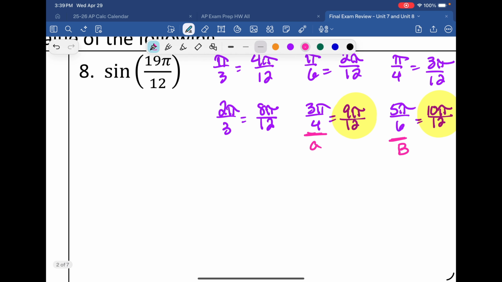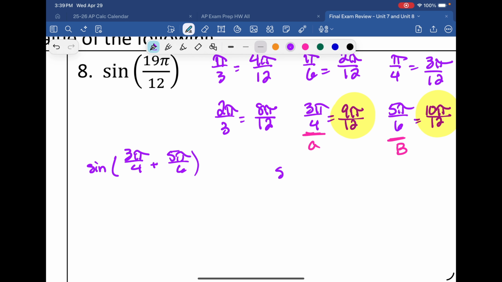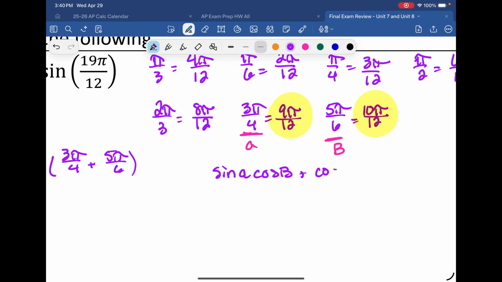So, sum formula. We're changing this to 19 pi over 12 as 3 pi over 4 plus 5 pi over 6. Then your sum formula: sine alpha cosine beta plus cosine alpha sine beta.